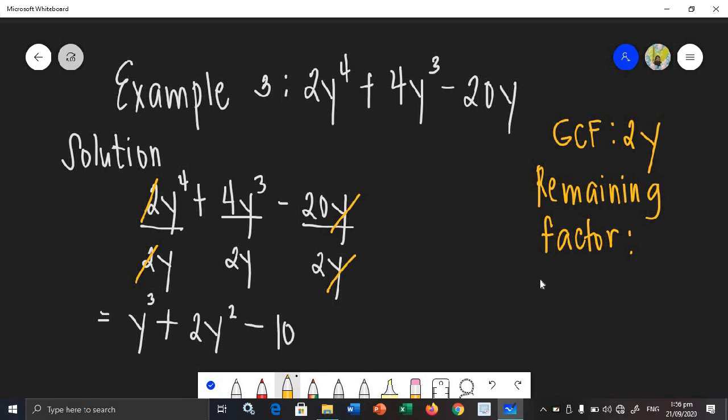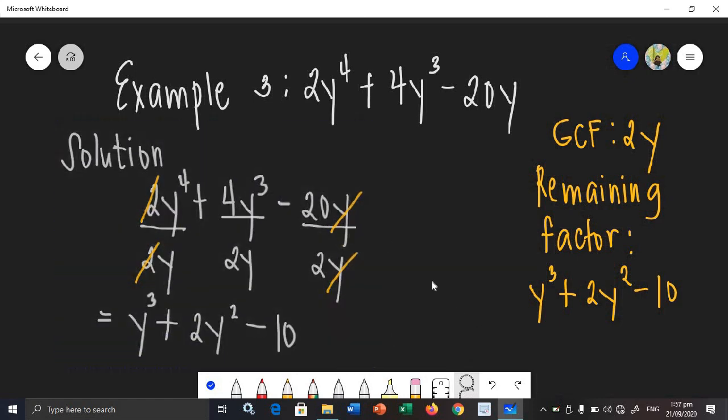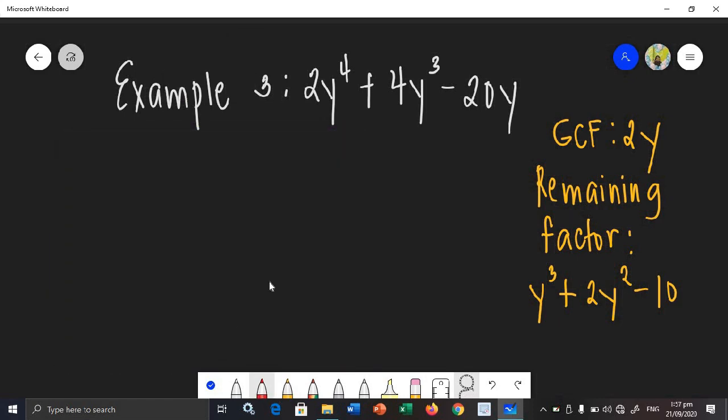So therefore, the remaining factor that we are looking for is y cubed plus 2y squared minus 10. Okay? So combining these factors, we will get this answer. So our answer will be 2y quantity y cubed plus 2y squared minus 10.